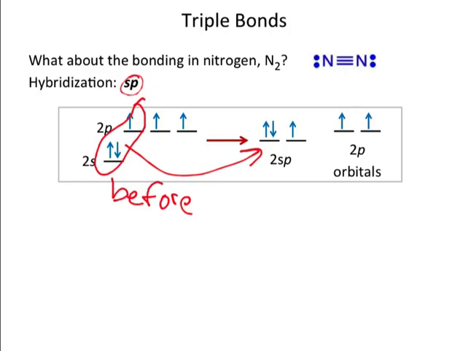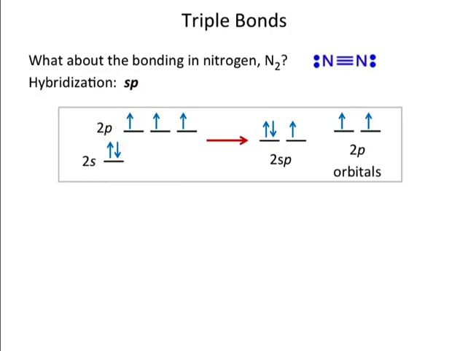Okay. Now, you also have two unhybridized 2p orbitals left over. That's totally fine.